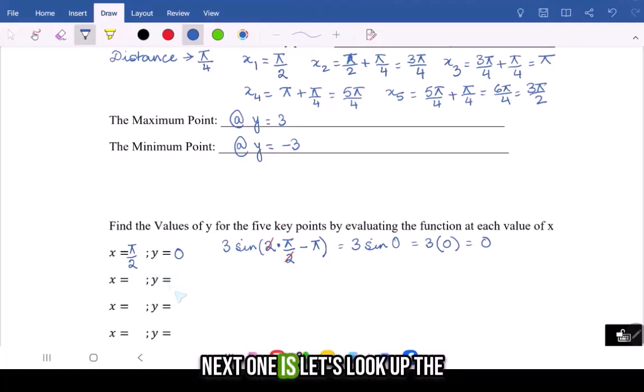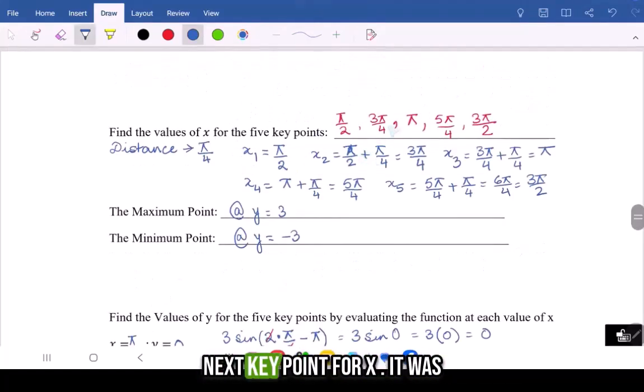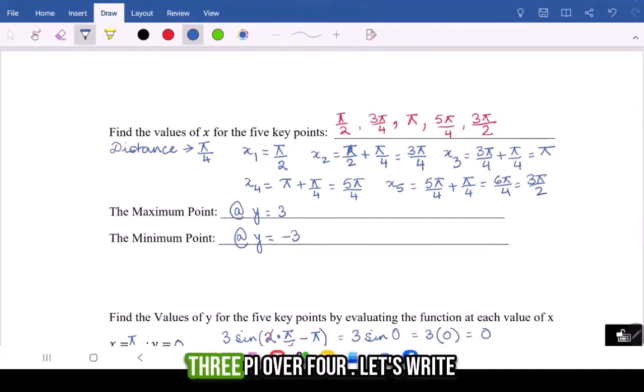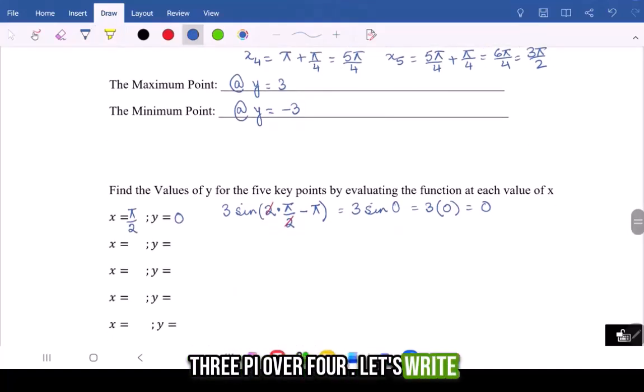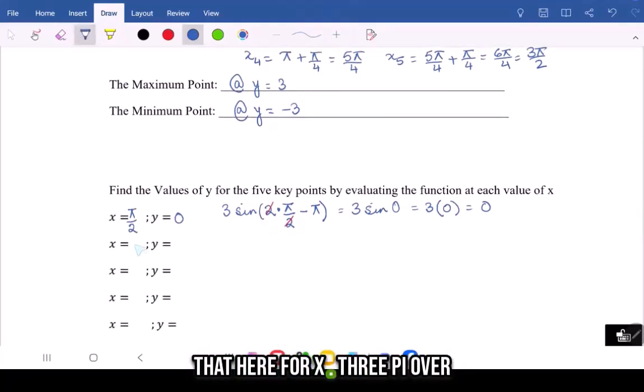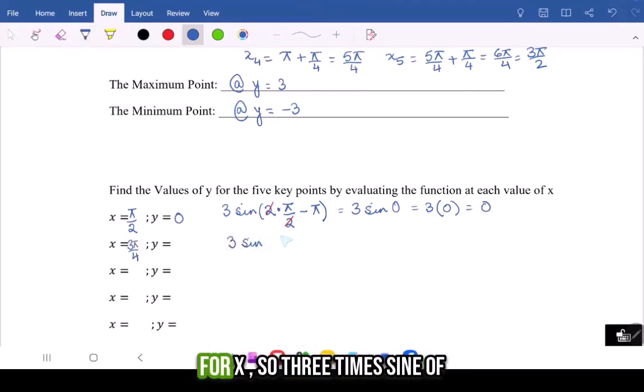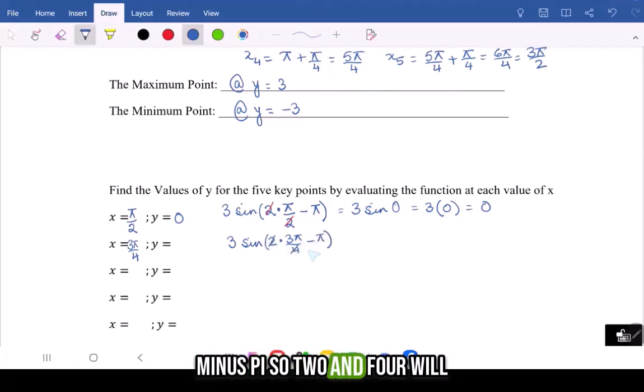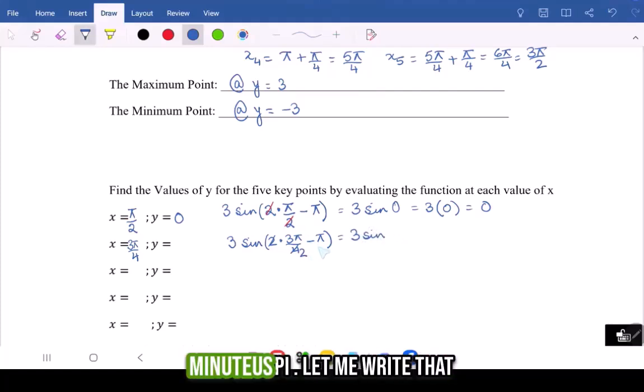The next one is, let's look up the next key point for x. It was 3 pi over 4. Let's write that here for x. 3 pi over 4. It's the same function, just plug in 3 pi over 4 for x. So 3 times sine of 2 times 3 pi over 4 minus pi. So 2 and 4 will divide. We'll be left with 3 times sine of 3 pi over 2 minus pi.